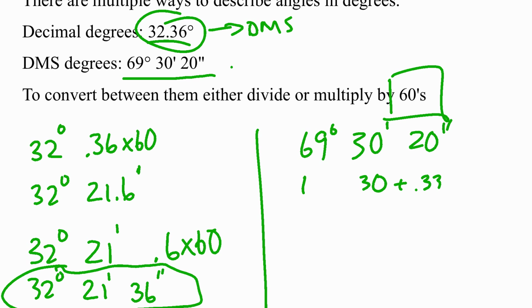So really, I'm going to have 69 degrees and 30.33 repeating minutes. We're dividing, right? Divided this by 60, gave me that, add to that. Now take this and divide it by 60.